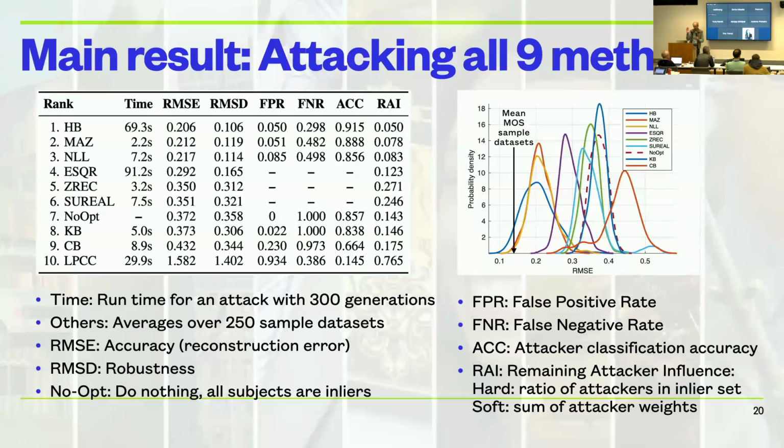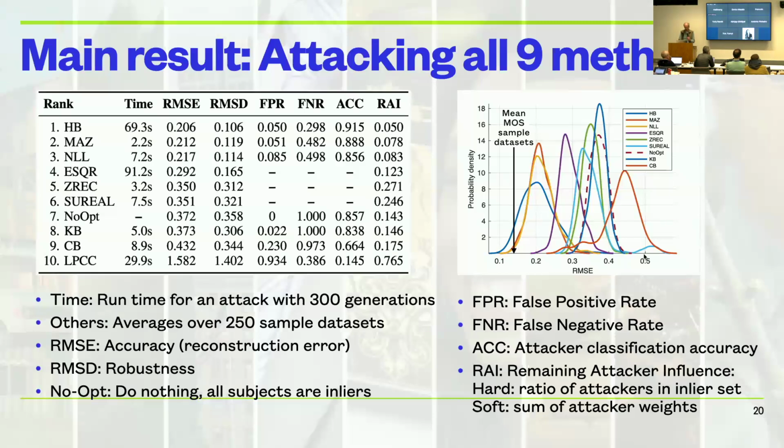So LPCC is not recommendable, I think. Okay, and ACC is the accuracy of the classification as an outlier. So outliers are the attackers, and the others are not. And RAI is a measure that we can also apply for the soft outlier detection methods.